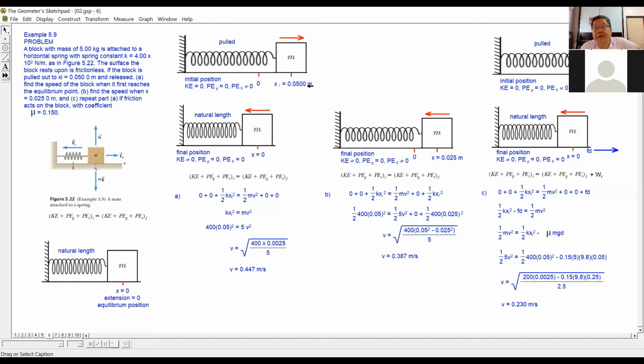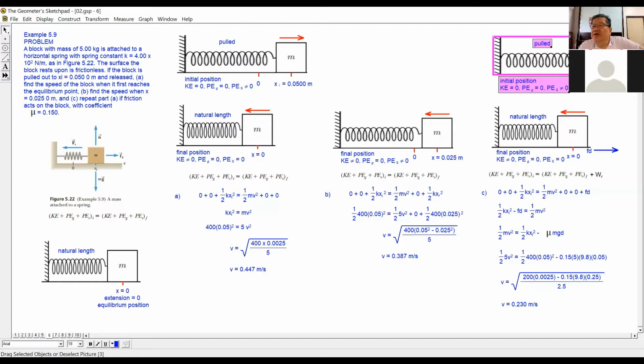The floor is roughed. So again, I draw two diagrams to illustrate the two positions, the initial position of the block and the final position of the block. The initial position of the block is the same as part A, or part B also, they are the same.